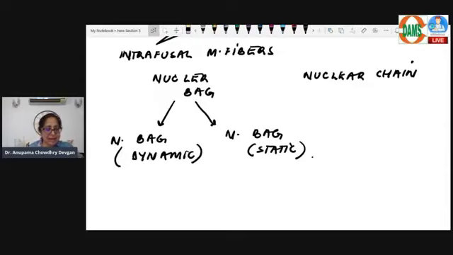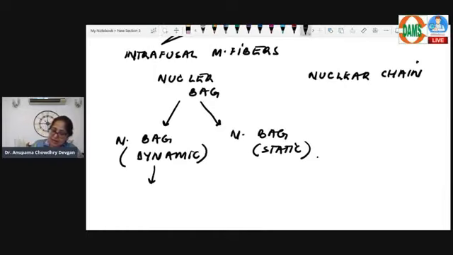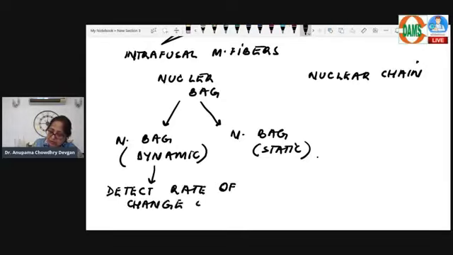Now, what is dynamic and what is static? Dynamic means they detect rate of change of muscle length.